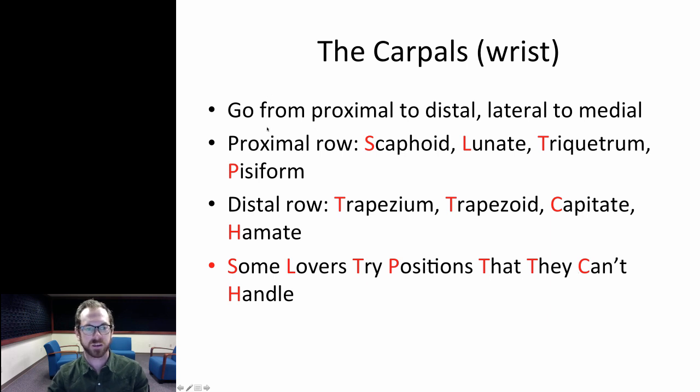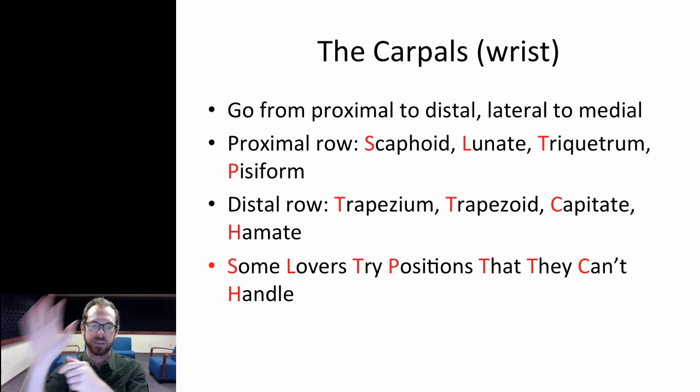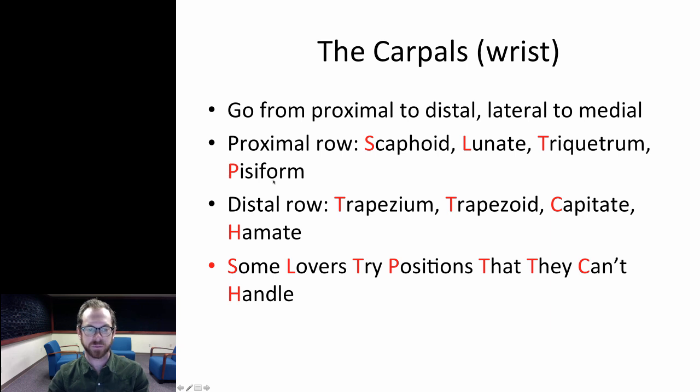What we're going to do here is start on the proximal side, and go lateral to medial. Then we're going to bump up a row, and go lateral to medial again. Some lovers try positions that they can't handle corresponds with these bones: scaphoid, lunate, triquetrum, pisiform. And then on the distal row, trapezium, trapezoid, capitate, hamate.